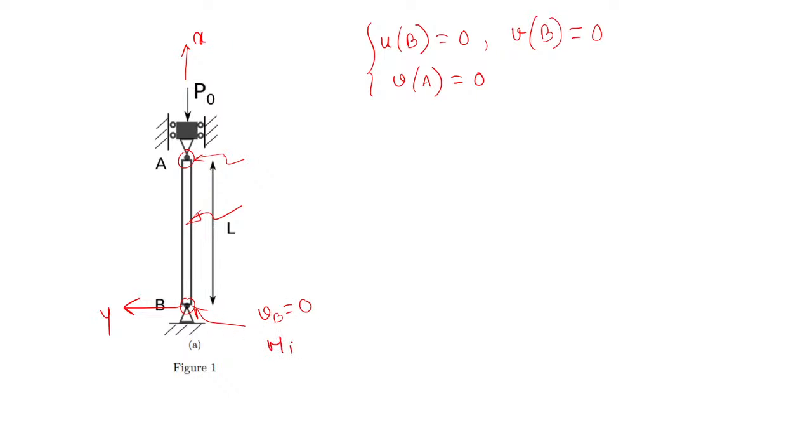So the moment is 0. Similarly at point A, your transverse displacement is 0, and your moment at this point is also 0, but your axial displacement is not restricted. So this is the set of boundary conditions that you have to use to find the eigenvalues. Alright, so I hope this helps.